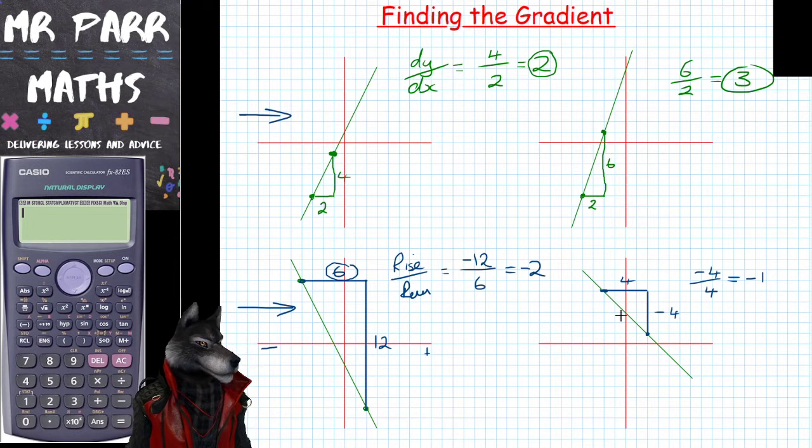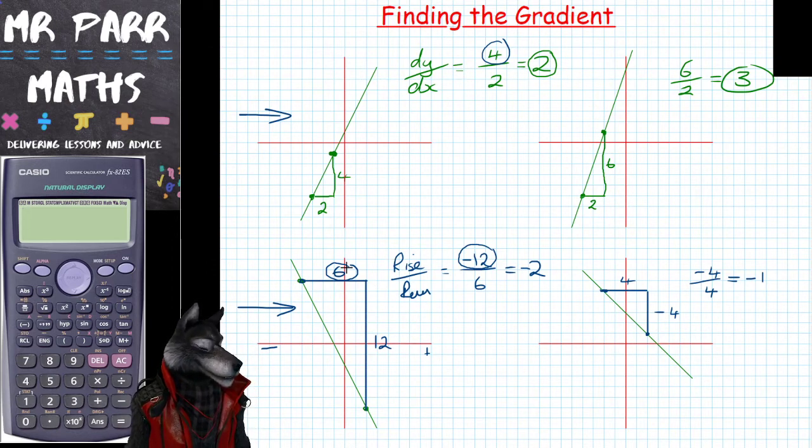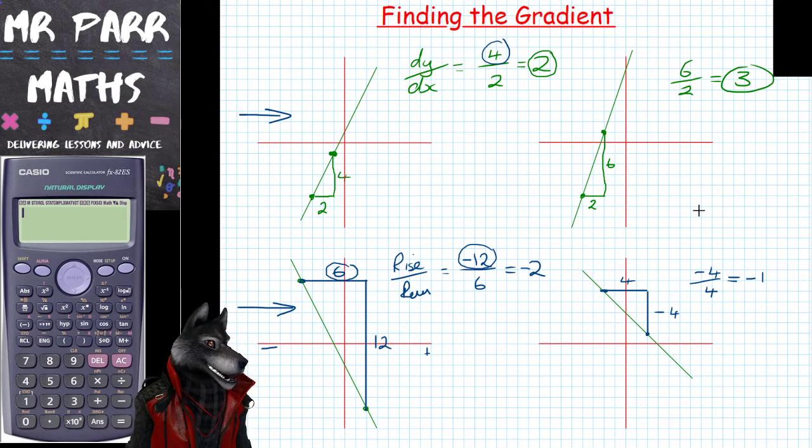So this has a gradient of minus 1. And that's it. So remember, if the graph is going upwards, your rise is positive. If the graph is going downwards, your rise is negative, because technically you could argue if it's going downwards, it's not actually rising, it's falling. So if rising is positive, falling must be negative.